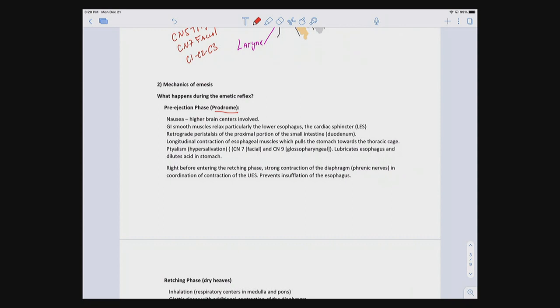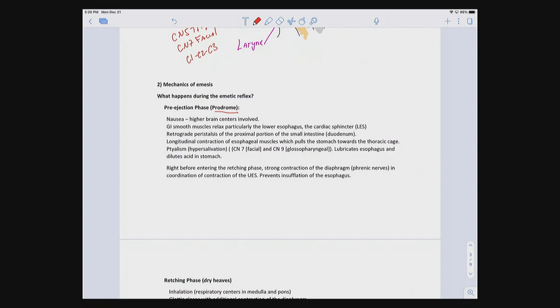We have, and we'll talk about this in coming lectures, a vomit center in the brainstem itself, but the experience of nausea is not just a brainstem function. The experience of nausea also includes higher brain centers. So when you're in that nauseated state, part of giving you that sensation is going to be structures of the brain that are above the brainstem itself.